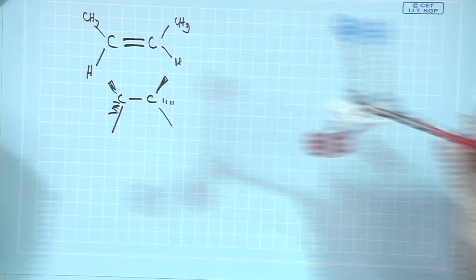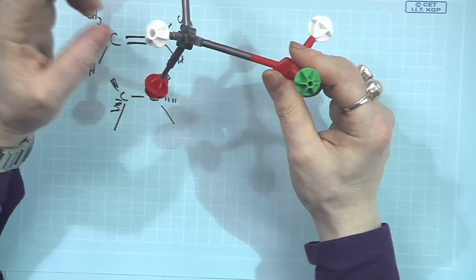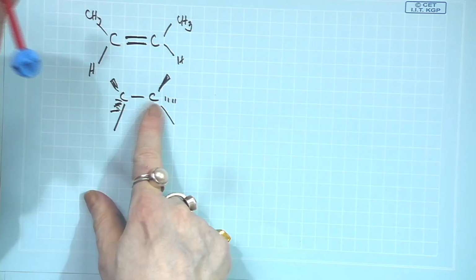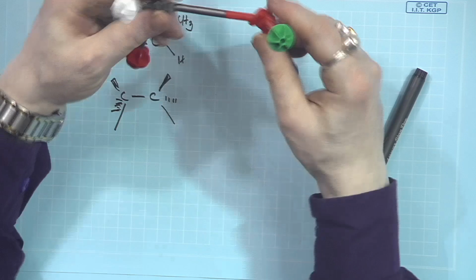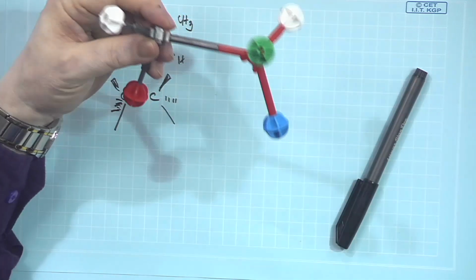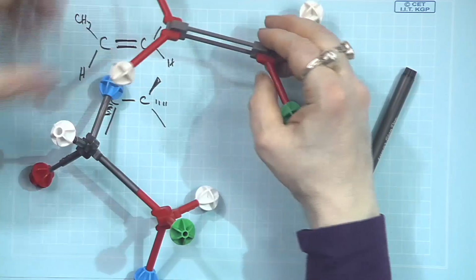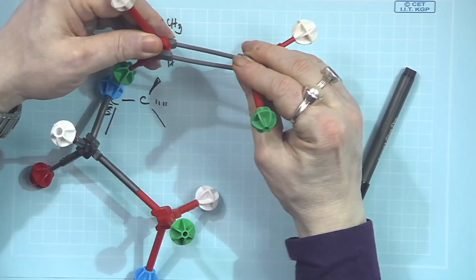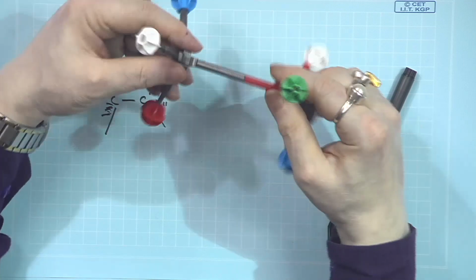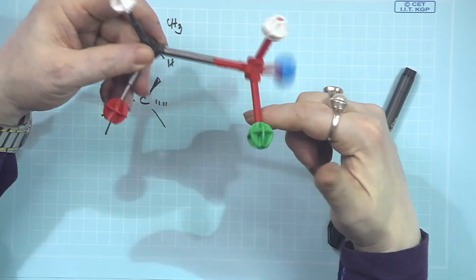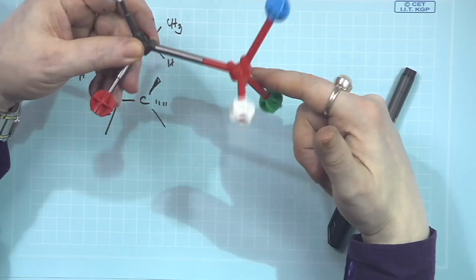I can show it. See, this is sp3 carbon, that is also sp3 carbon, the other one. I have already shown that you cannot rotate the double bond, because it bends and breaks, and here there is no problem. You can just take this, it is freely rotating without breaking any bond.